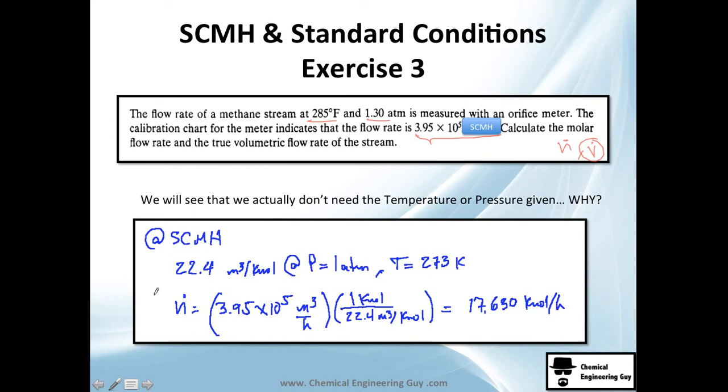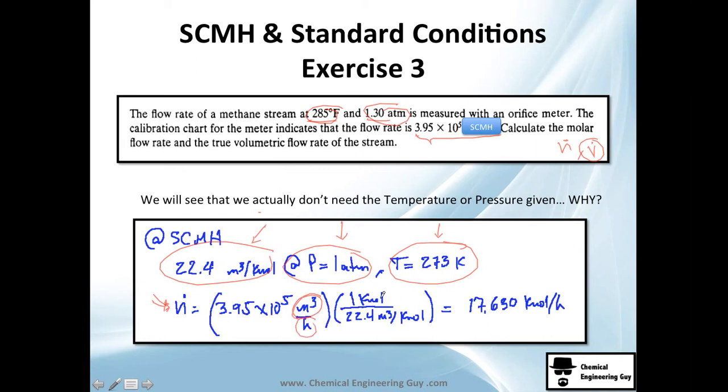So, the molar flow, the most interesting part of this is that you do not need this data here, and this, because you are given standard conditions, and you know standard conditions mean 1 atmosphere and 0 Celsius, or 273 Kelvin. You know these occupy 22.4 cubic meters per kilomole. So let's do it. We know how much volume per hour we have.